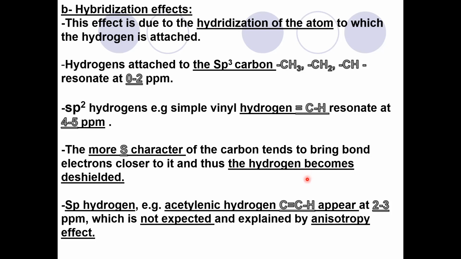Therefore, olefinic protons resonate downfield compared to protons attached to sp3 carbon. However, upon transfer to the sp carbon system in acetylenic compounds, we observe that acetylenic hydrogens resonate upfield, not further downfield, at 2 to 3 ppm. This is attributed to the anisotropy effect. This can be explained on the basis of the anisotropy effect.